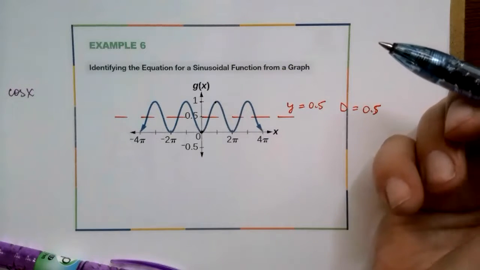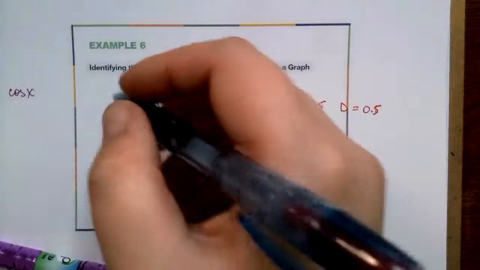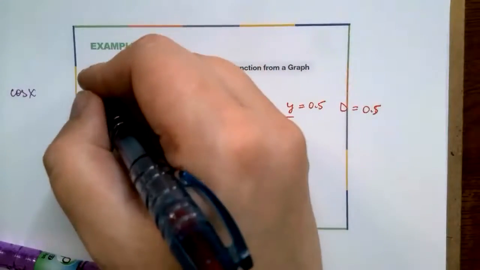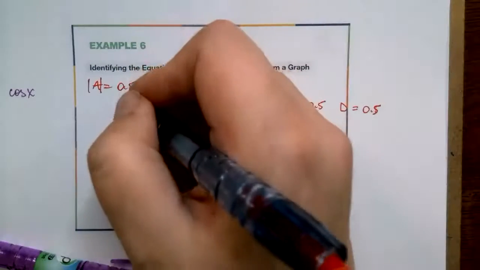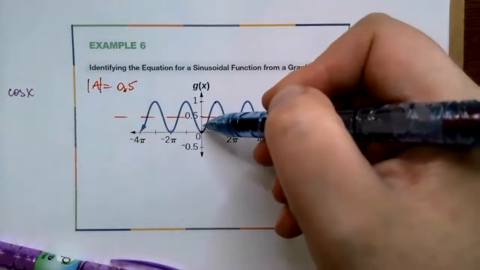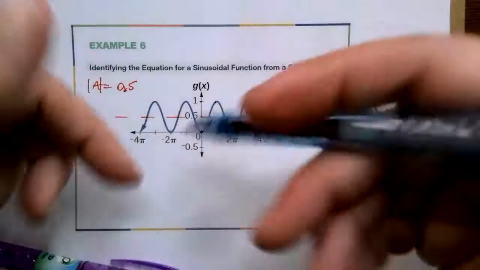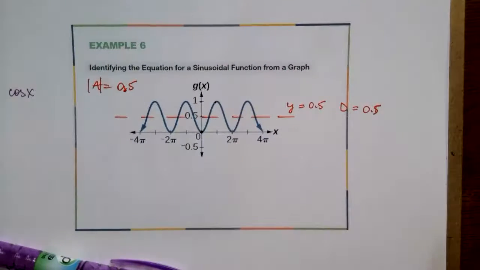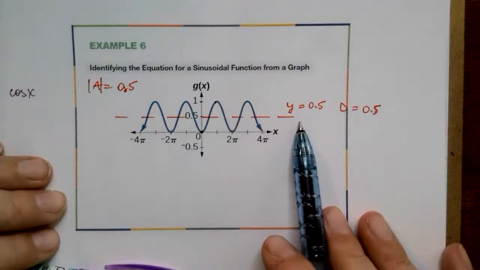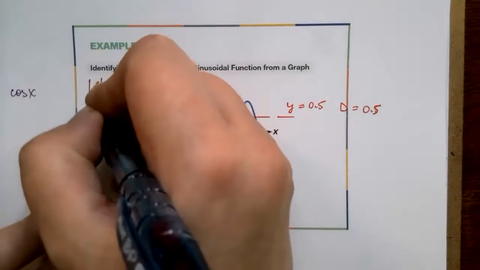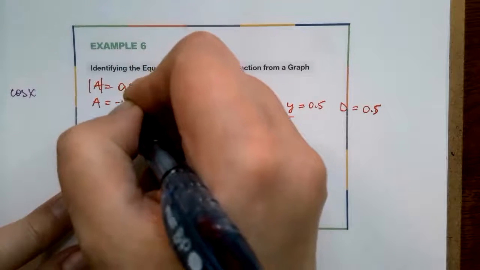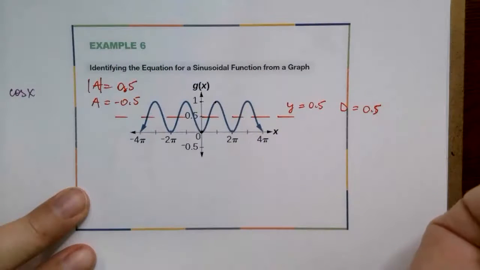Either way, we get the absolute value of a equals 0.5. But because it's actually a reflection of the cosine x around this midline, we conclude that a itself is negative. So it's negative 0.5.